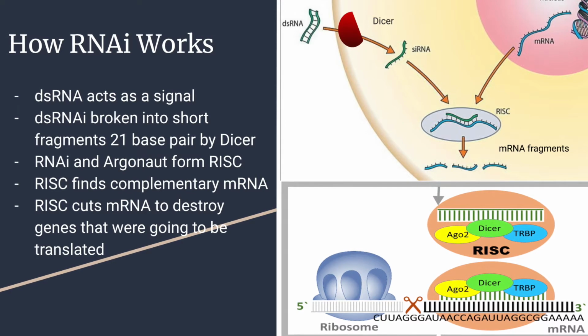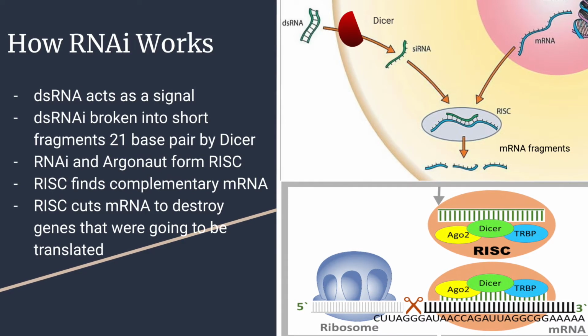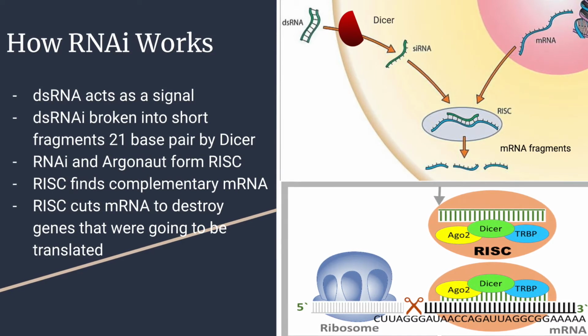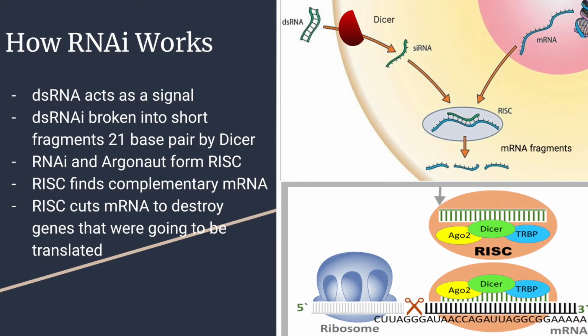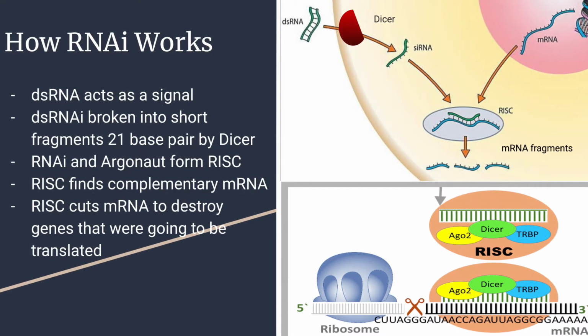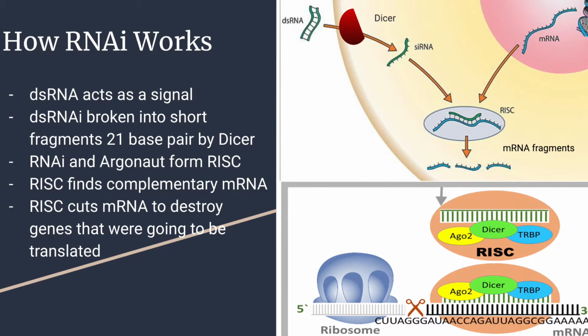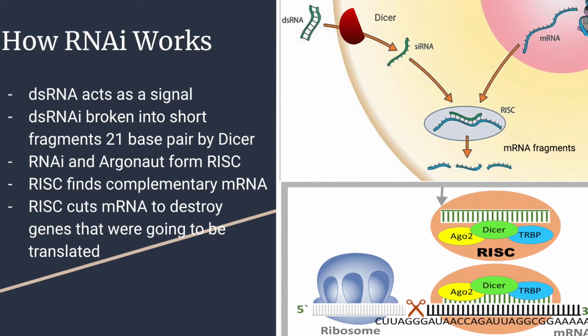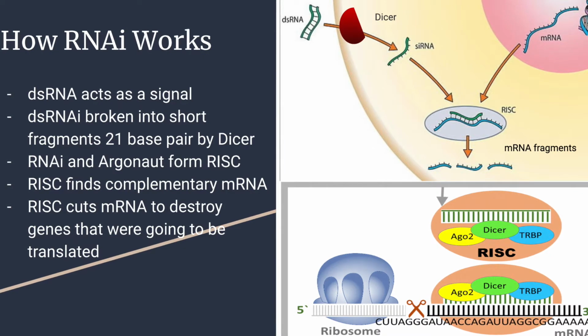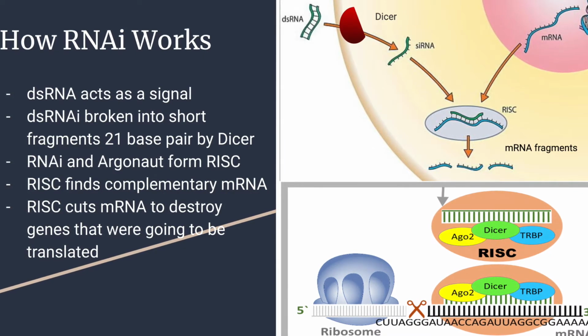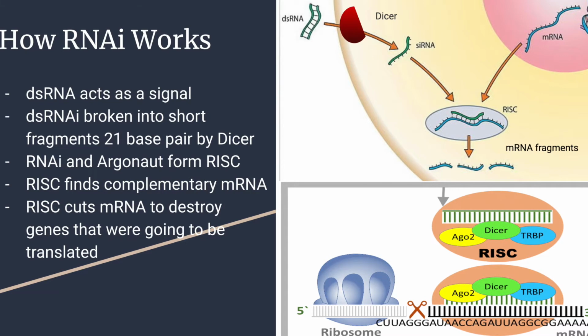And these pieces are called RNAi, or small interfering RNA, or microRNA. These fragments then combine with argonaute protein to form the RNA-induced silencing complex. This complex acts kind of like the scissors, the machine.